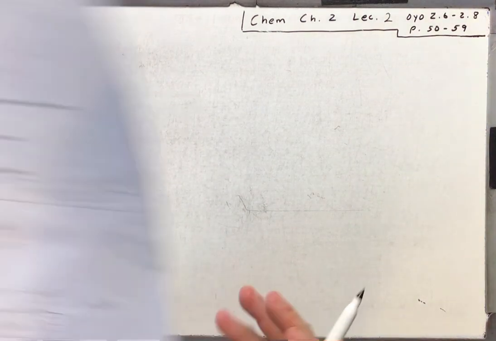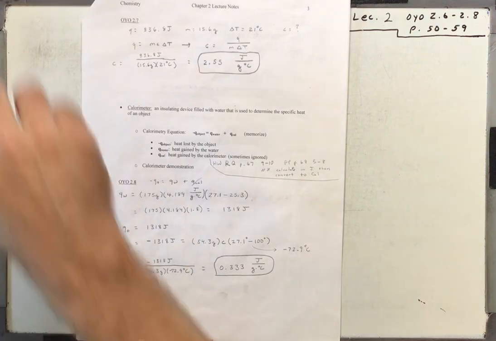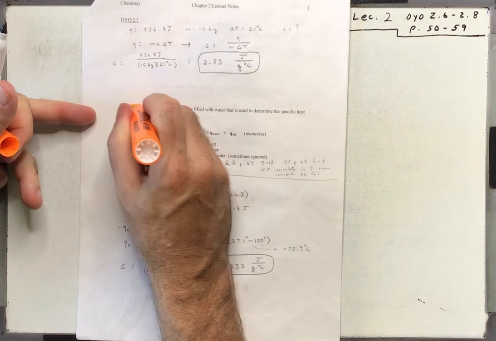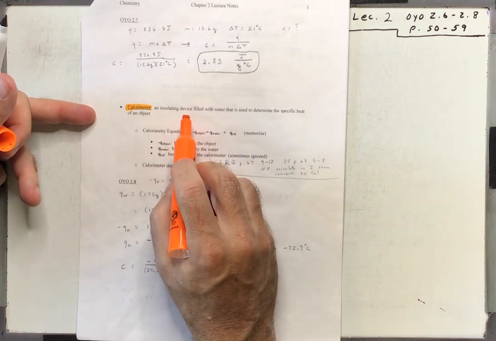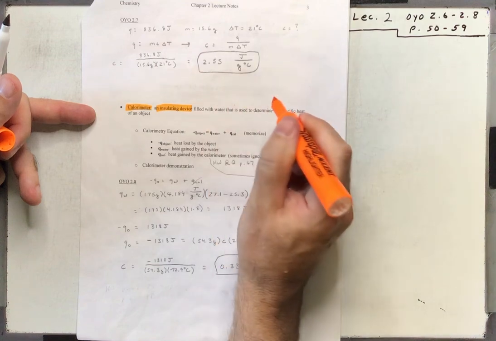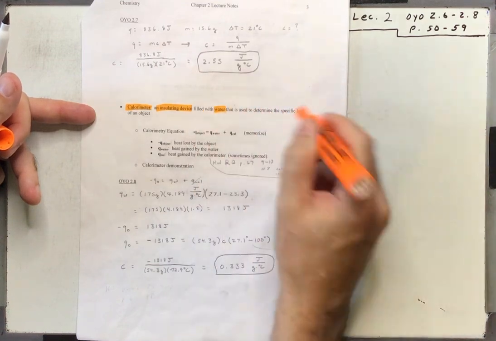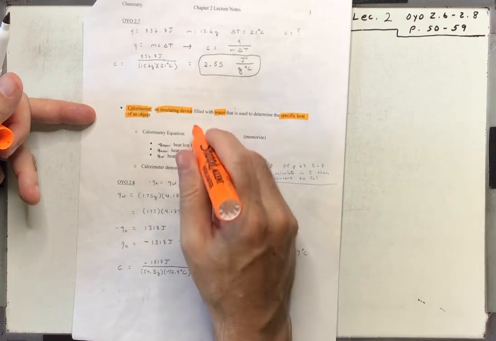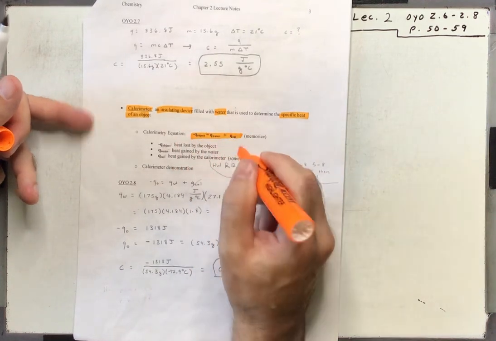So the calorimeter equation is right here. We're going to work one problem. A calorimeter is an insulating device filled with water, used to determine the specific heat of an object. So here's the calorimeter equation.